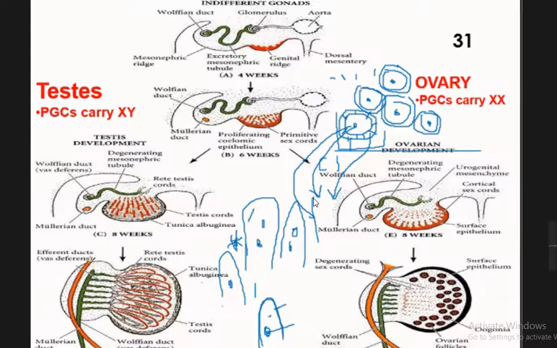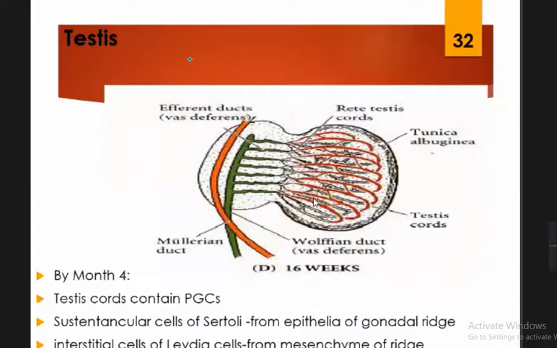So let us look at each one of these individually. We said with the testis, there's going to be a formation of the testis cords. And the testis cords have primordial germ cells surrounded by sustentacular cells of Sertoli, and then the Leydig cells.